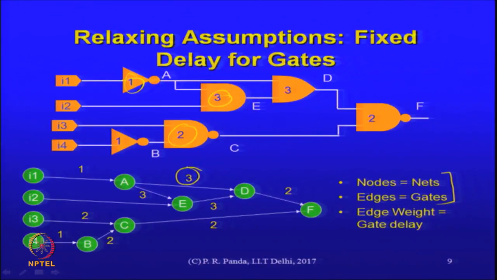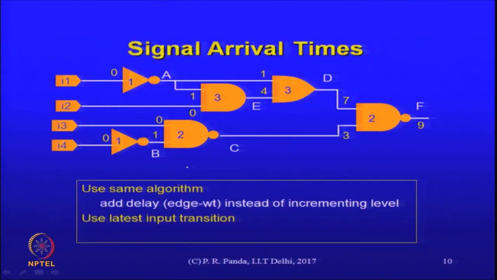The earlier model I just had an edge, I did not have weights on the edge, but it could capture the delay. The delay of the gate, remember the edge represents the gate. Okay. Now, I can compute the signal arrival times using just a variation of that same algorithm, where I was calculating level plus 1. Instead of level plus 1, you would just take that edge weight whatever is there and you would appropriately set it. So, that is fine as far as the computation of the level is concerned.